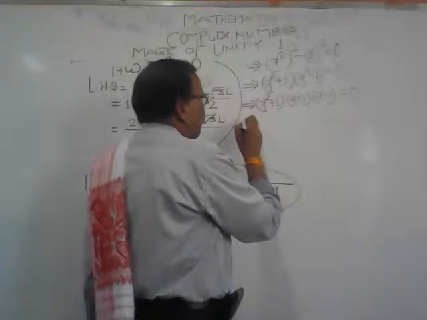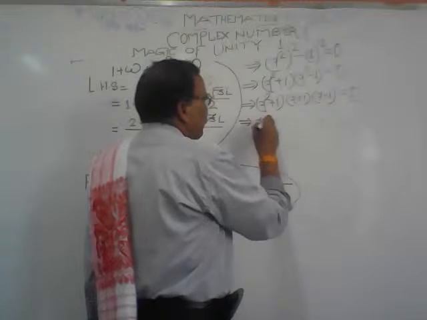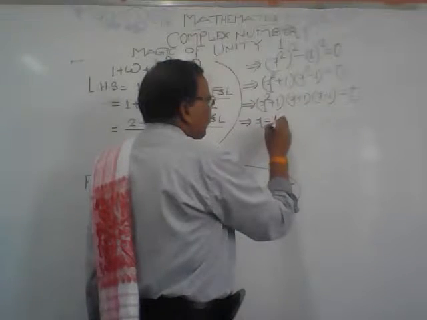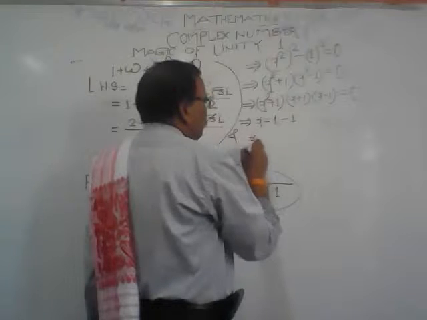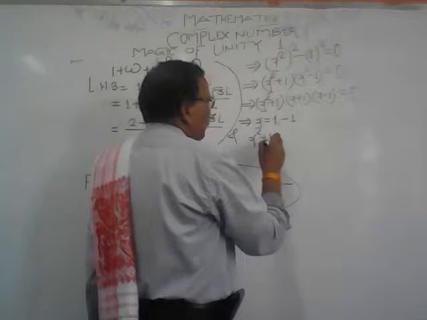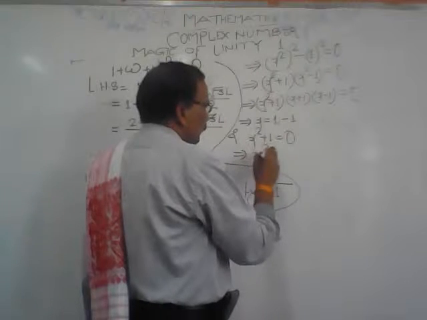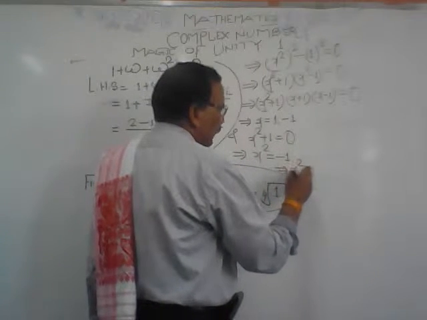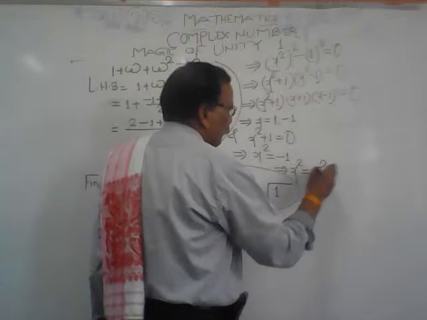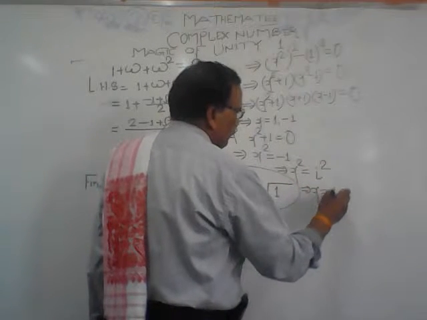Now this implies x is equal to 1, minus 1, and x squared plus 1 is equal to 0. This implies x squared is equal to minus 1. This implies x squared is equal to i squared. This implies x is equal to plus minus i.